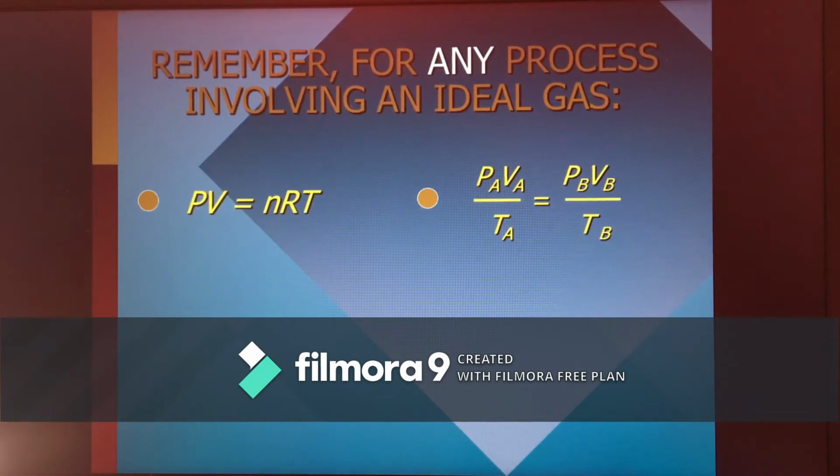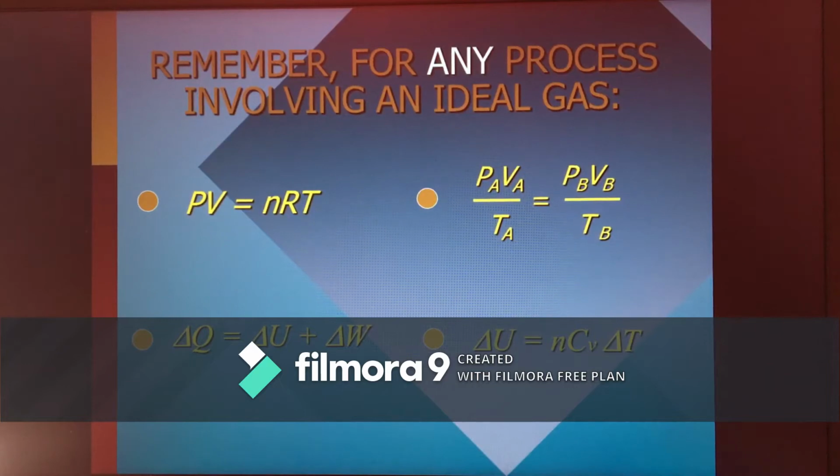We have PA VA over TA equals PB VB divided by TB, and delta Q equals delta U plus delta W, and the other one is delta U equals n Cv delta T. Okay, so we have to remember these formulas, and we should know when to use them and how to use them.